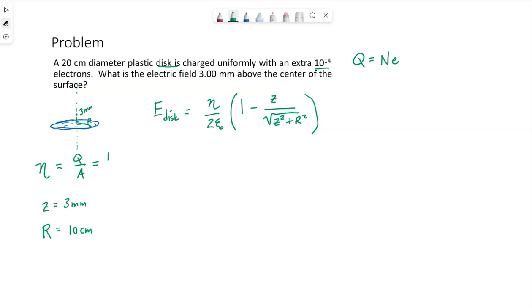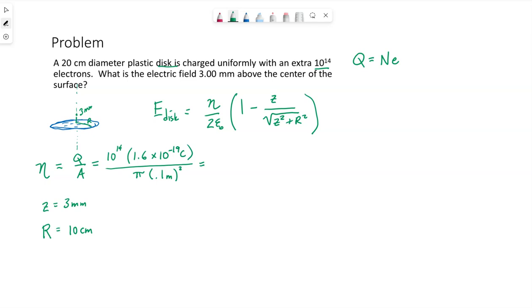Q is going to be this 10 to the 14th electrons times the charge on one electron. So that's the net charge on this disk. The area of the disk, well, it's a circle, so we just want pi r squared. And we do want this to be in meters so that our units work out correctly.